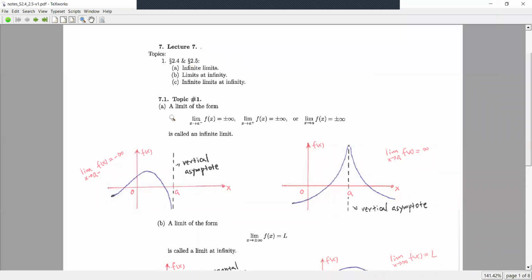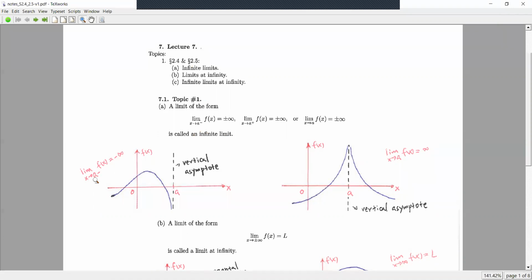A: if x approaches some finite point A, and the function approaches either positive infinity or negative infinity, then the limit is an infinite limit. Example 1, this is an infinite limit.